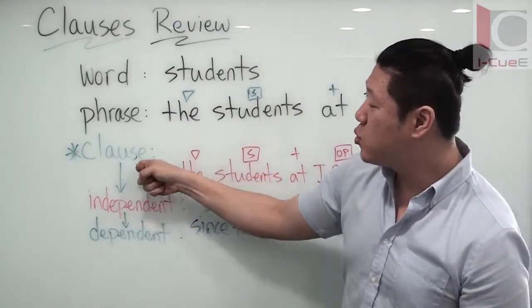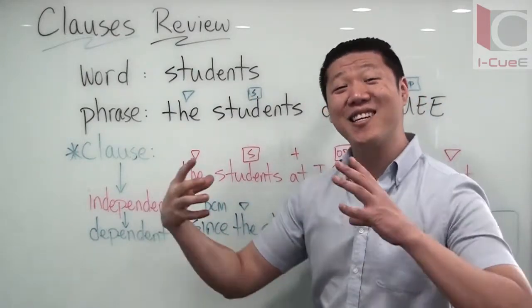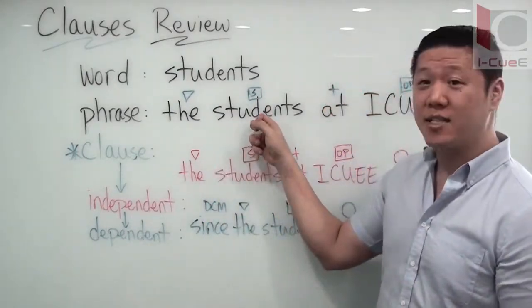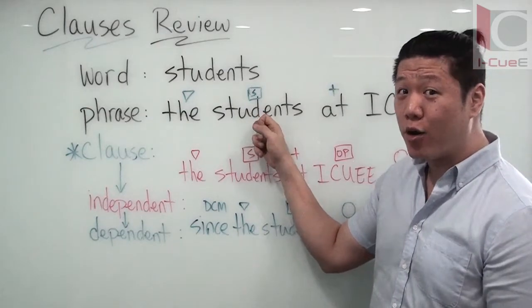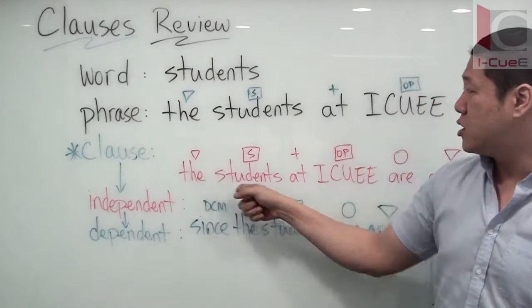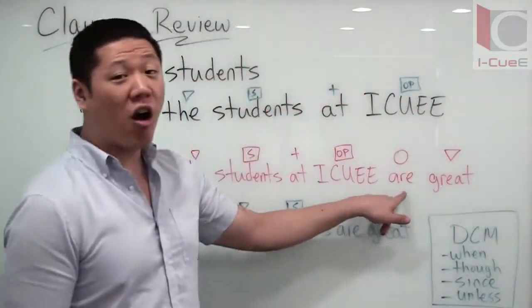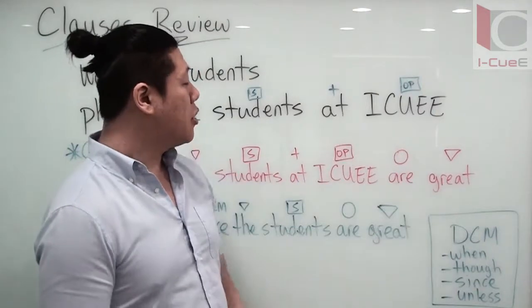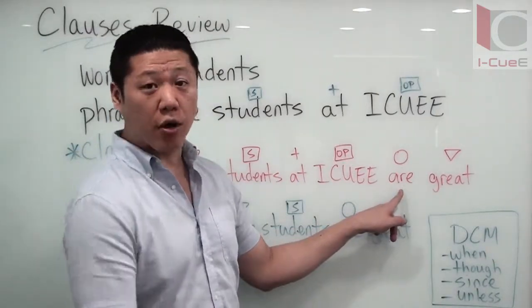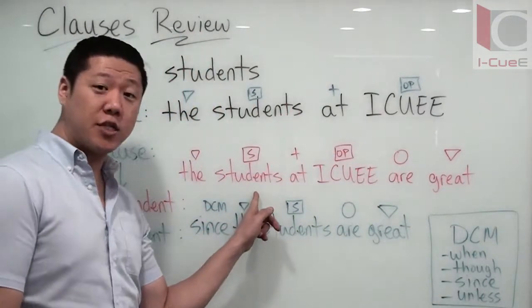Now from a phrase to a clause, remember, instead of missing a verb or missing a subject, it has both. So since this has a subject, I need to add a verb to turn it into a clause. So saying, the students at IQ, what's my verb? Are great. So here, are is the be verb, and then great is an adjective describing my students.